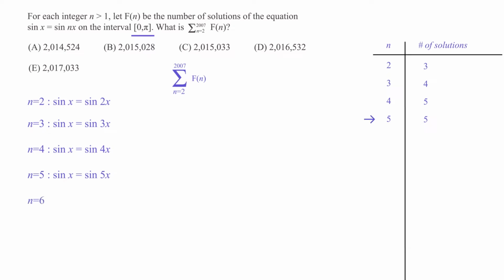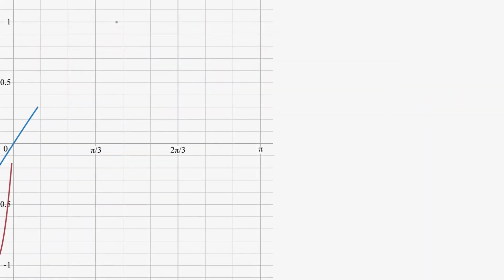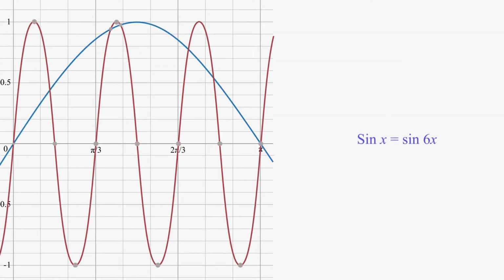Let's keep going. N equals 6, which is sine x is equal to sine of 6x. We have 1, 2, 3, 4, be careful, 5, 6, and 7.